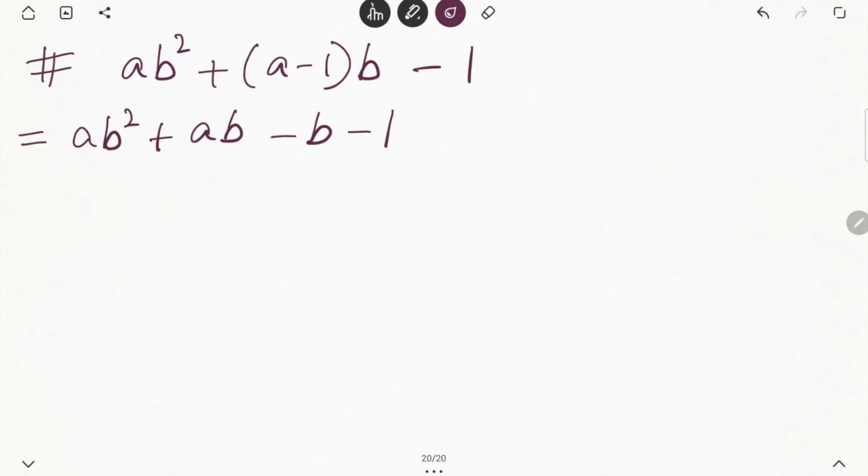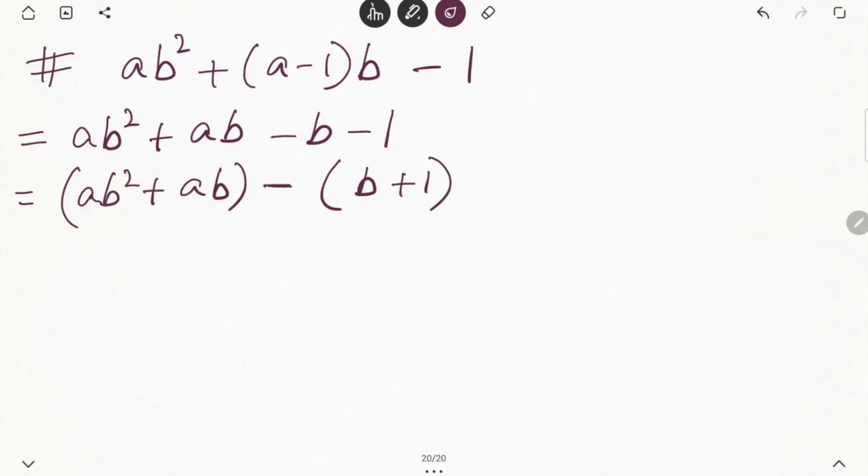So after opening, I am getting ab square plus ab minus b minus 1. Now here what I do, see, I'll group it. Okay, so here I can see that something is common, so I can directly group these two, and here also I can take minus and I write b plus 1.